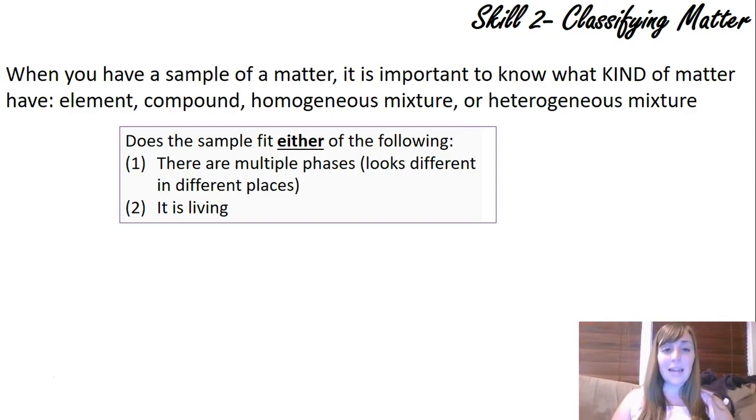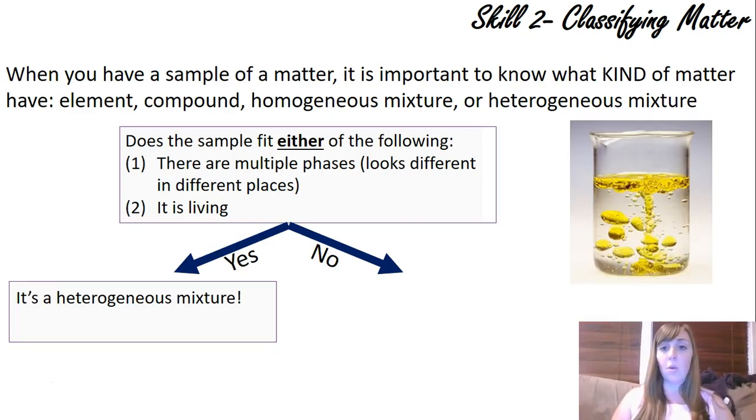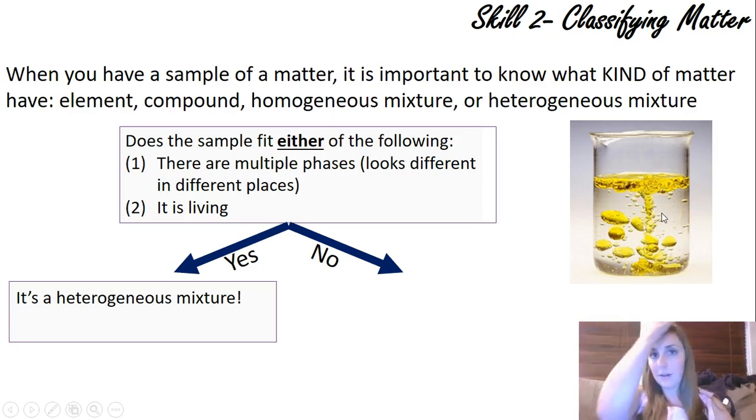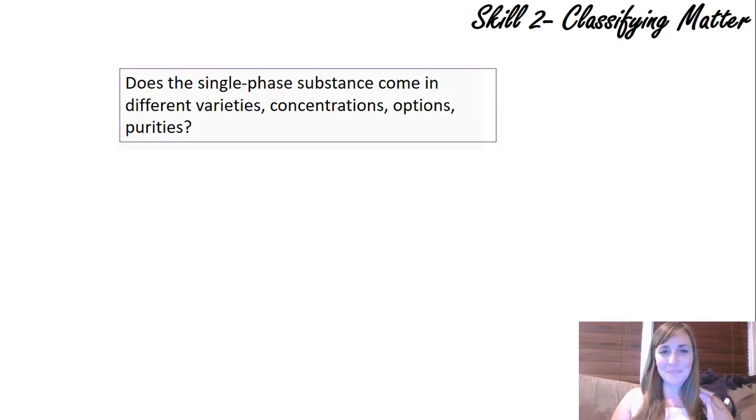If you answer yes to either of those questions, then it's a heterogeneous mixture. So like the oil and water that we saw last time, that's going to be a heterogeneous mixture because it has different phases. It has the oil phase and the water phase that are clearly different from each other. If it's no, move on to the next question.